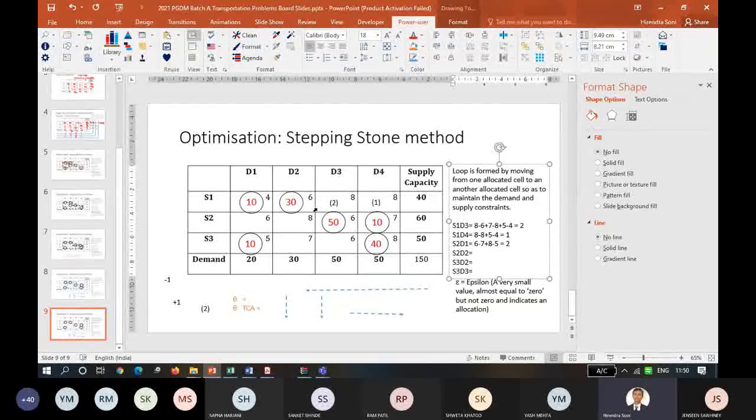You cannot have more than m plus n minus 1 allocations. Is it clear?